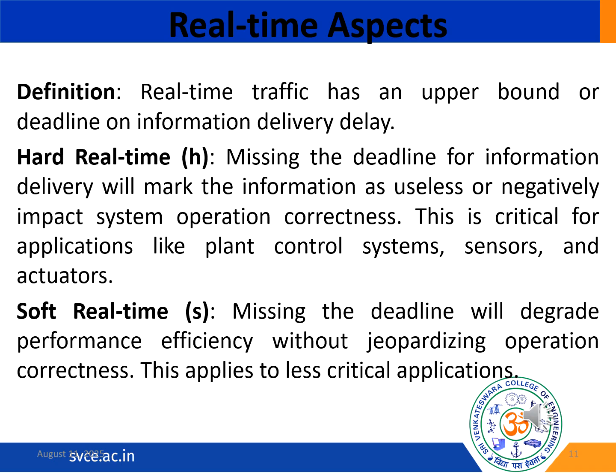If missing the deadline marks the late information as useless or negatively impacts the correct system operation, it is hard real-time. In the other case, if the late information only degrades the performance efficiency of the system, not its operation correctness, it can be classified as soft real-time.